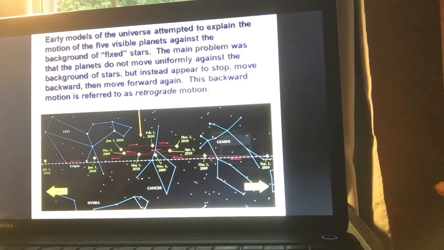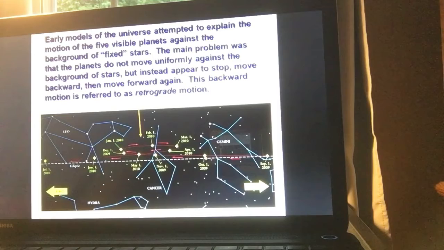So, one thing I would like to point out is retrograde motion of planets. Okay, so as you can see from this diagram over here, on September 1st, 2009, this planet was here.